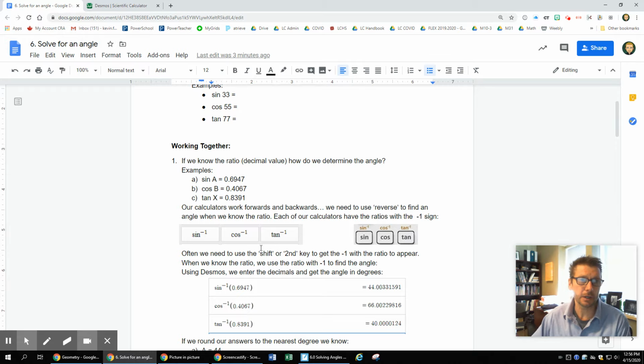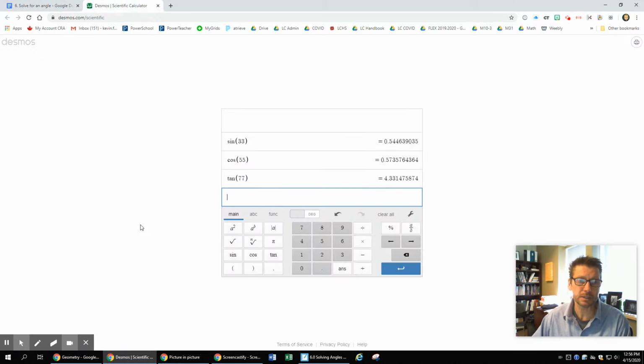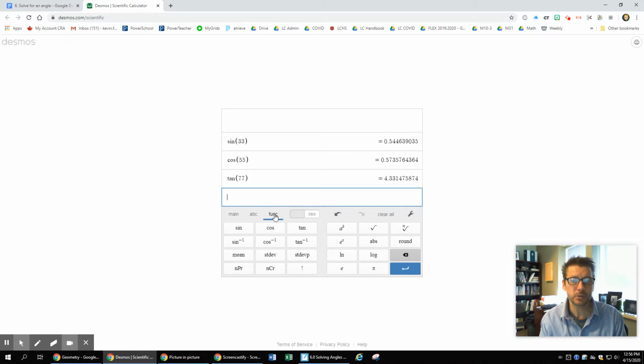And different calculators work differently. If we go to the Desmos calculator, nowhere on this page do you see the sine minus one, cos minus one, and tan minus one. It's hiding in the function. A lot of times on our calculators, we have to use a second key or a shift key, or in this case, we're going to use the function key to show sine minus one.